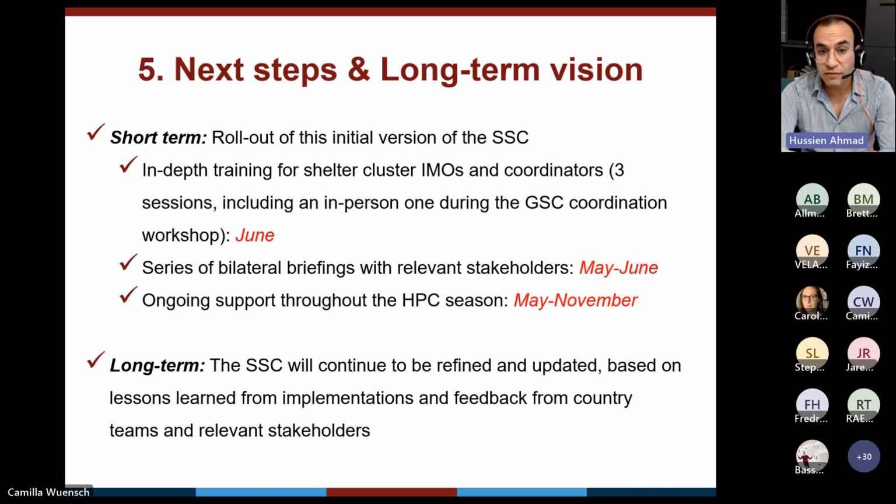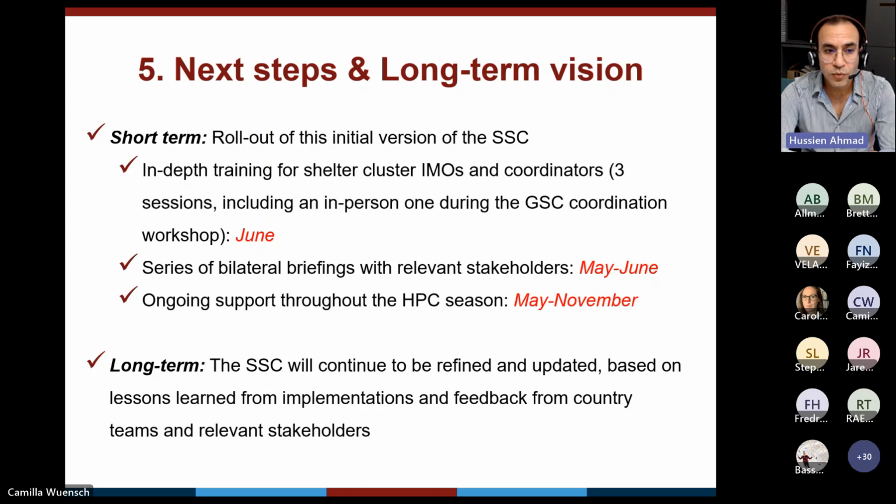Then we will have this month and next month a series of bilateral sessions with the relevant key stakeholders to brief them in more detail on this methodology or framework and get their feedback as well.